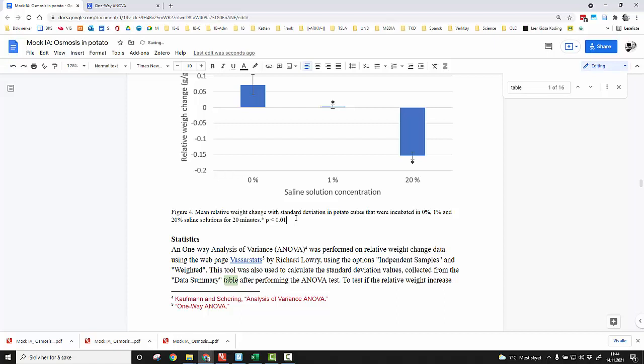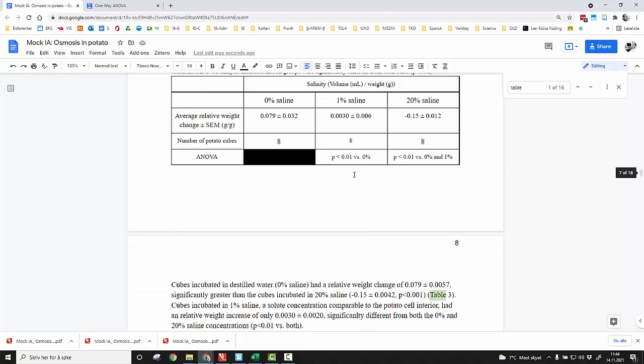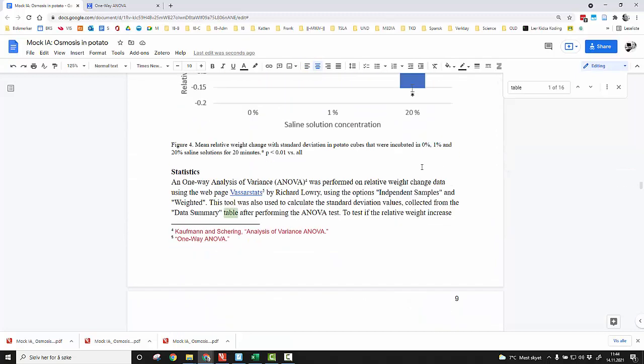Do you agree that was what we just saw in the statistical report? Versus all. The star indicates that this value at 1% is significantly different from 0% and 20%, which are all the groups. And this is what we already wrote here, so that's okay.